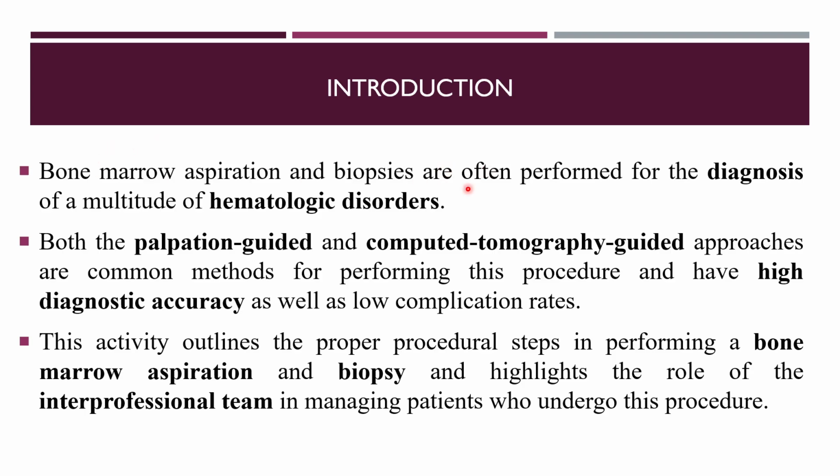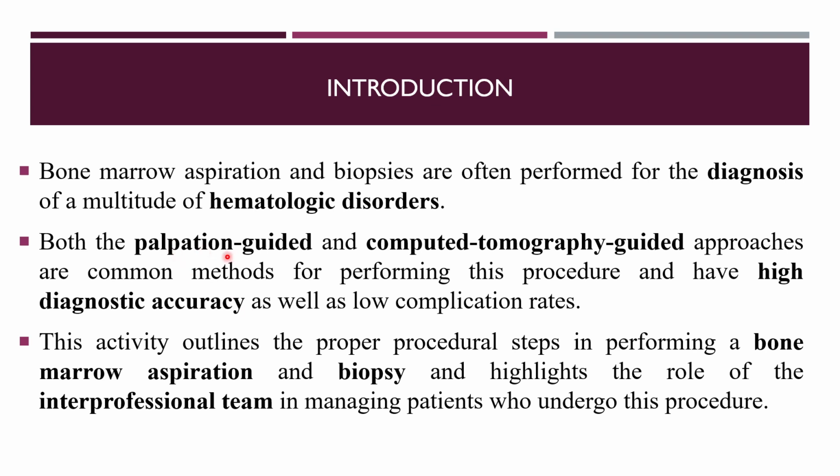So bone marrow aspiration is mostly performed for evaluating hematological disorders, and this technique is actually done in two ways. The starting point will be either palpation guided or computed tomography guided.